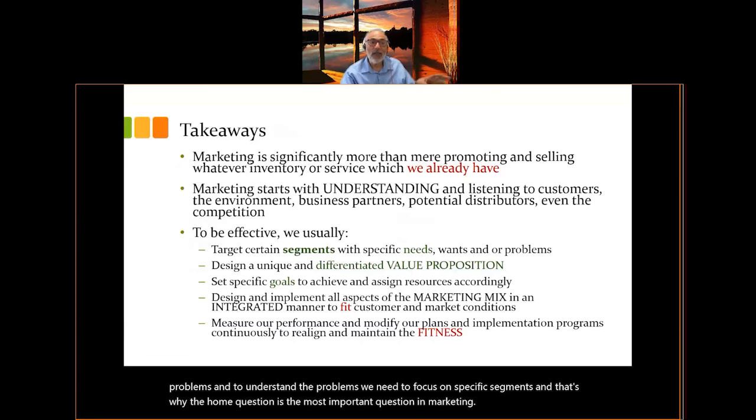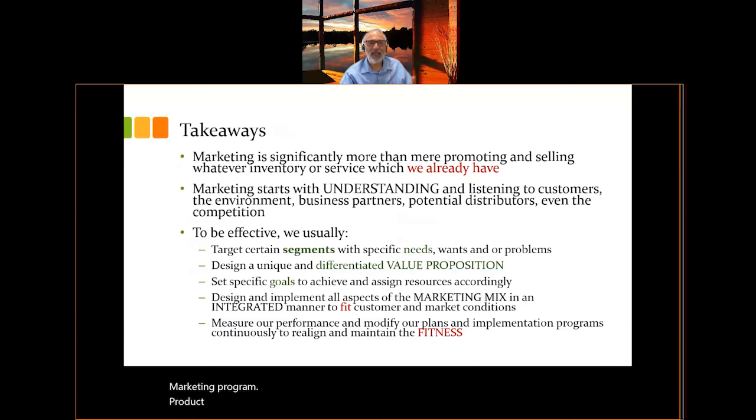Once we know whom we're serving and what their problem is, we start designing an integrated marketing program: product, price, channels, retail or distribution, then communication and promotion. That is an integrated program. But that's not enough. We need to implement the program.